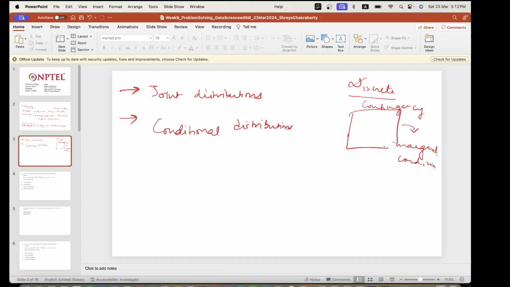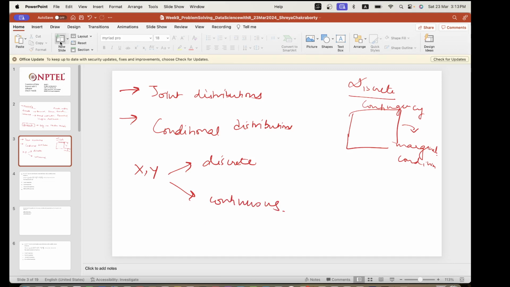So we learned about the marginal and conditional distributions from contingency tables, and also how to derive them when both the variables x and y could either be discrete or continuous. So far we have learned this.